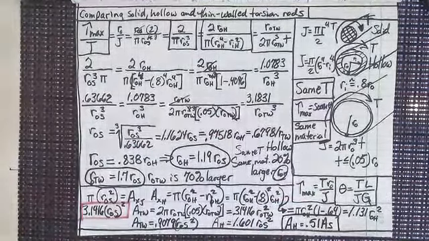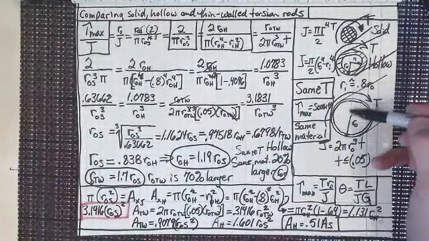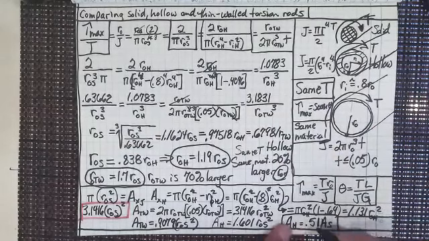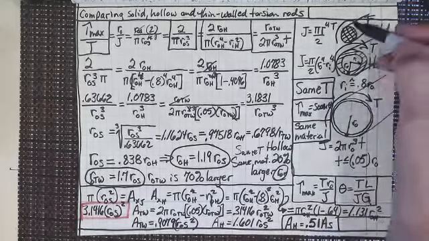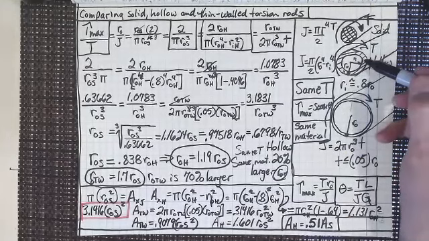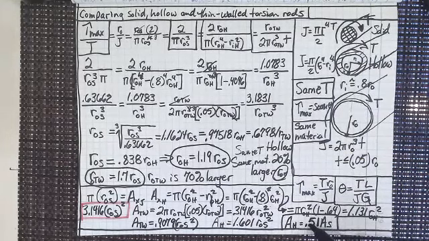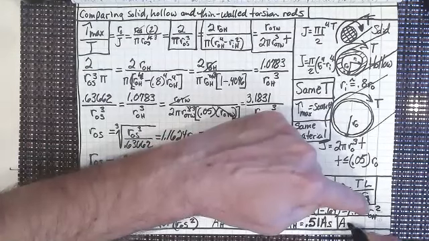Huge, isn't it? We basically have done the same job with this, but we've used half the material. Half the material, right? You get a promotion when you come to your boss and say, hey, I can do the same job with a hollow rod as I could with a solid rod, and I'll save half the material costs that we have.